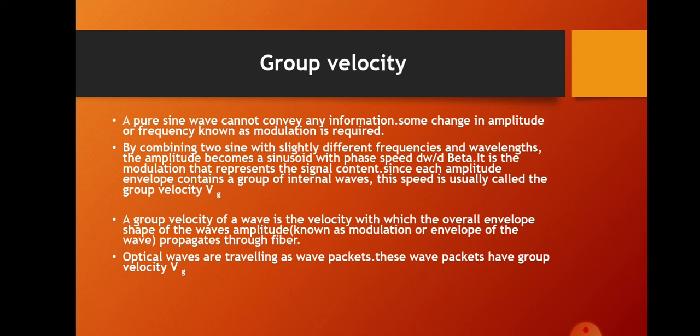By combining two sine waves with slightly different frequencies and wavelength, the amplitude becomes a sinusoidal pulse, with a speed equal to d omega divided by d beta. It is a modulation that represents the signal content, and since each amplitude envelope contains a group of internal waves, this speed is usually called the group velocity.